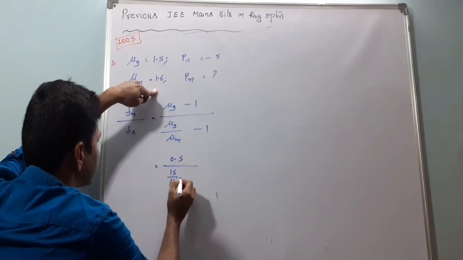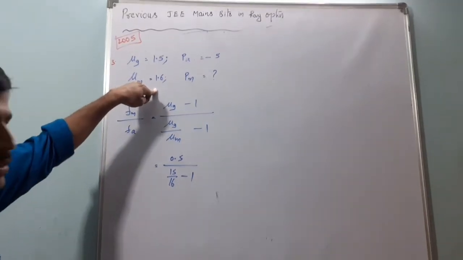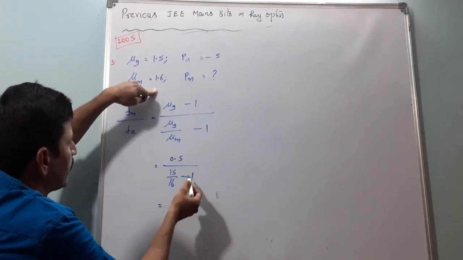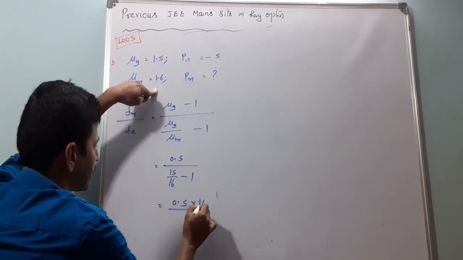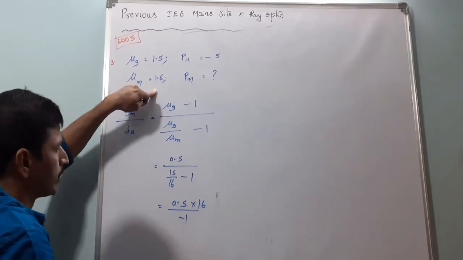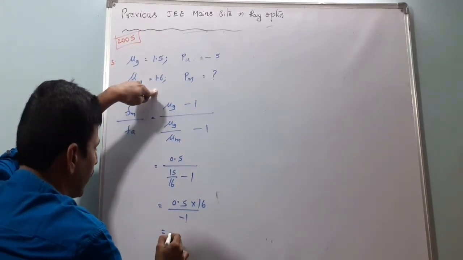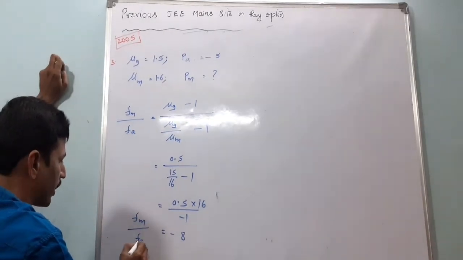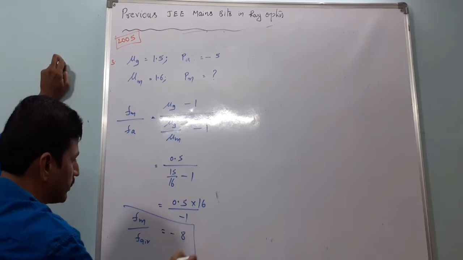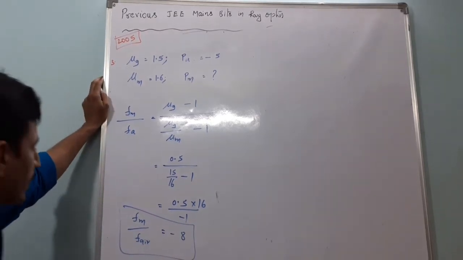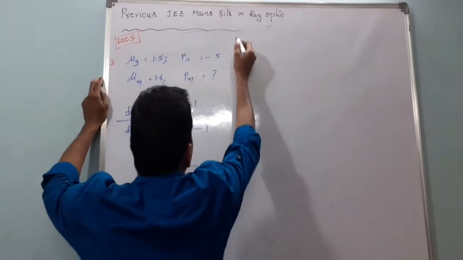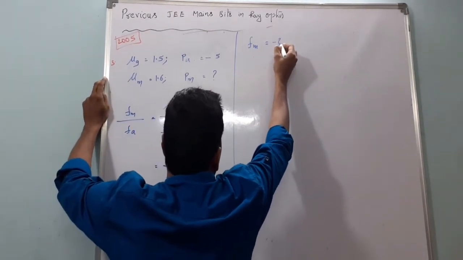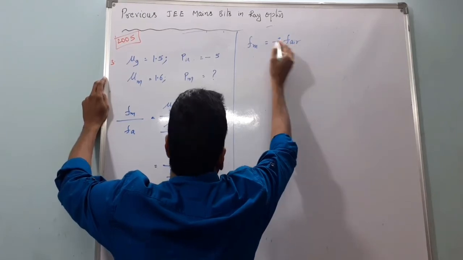So 1.5 by 1.6 minus 1. So what is the value? 0.5 by 1.5 minus 1.6. Numerator 1.6, denominator minus 0.1. So this one is minus 8. What is this? The focal length of medium to focal length of air is equals to minus 8. Therefore, focal length of medium is equals to minus 8 times of focal length of air.